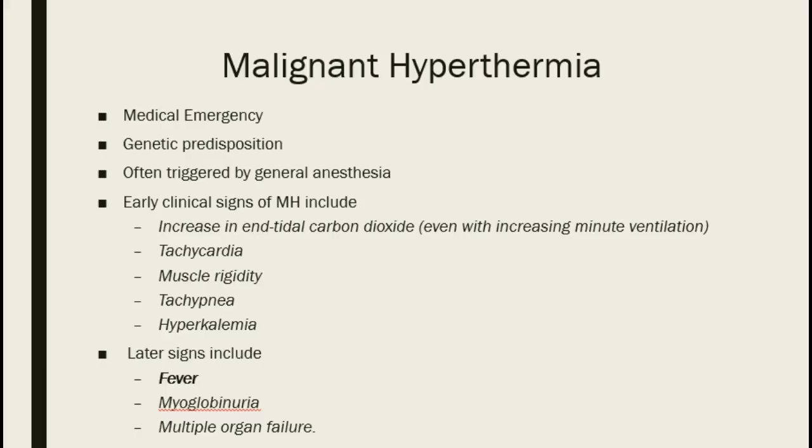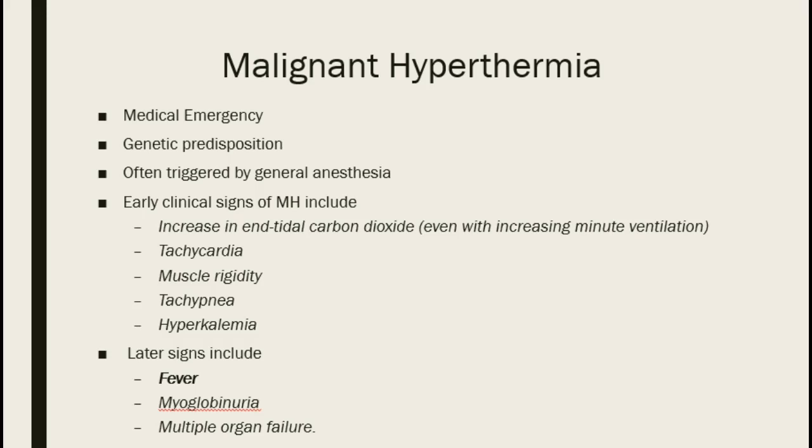If you guessed malignant hyperthermia, you are correct. Malignant hyperthermia is a medical emergency, and there is a very strong genetic predisposition to this. If you have a family member who's even like two steps away from you who had this, you have a possibility that you could develop this.